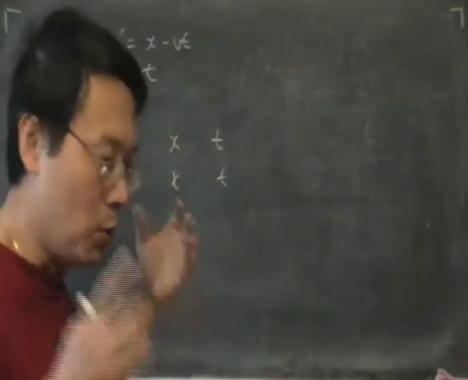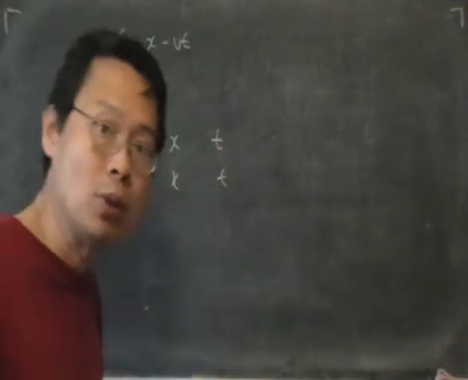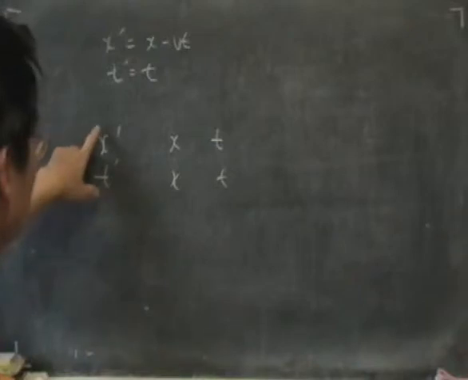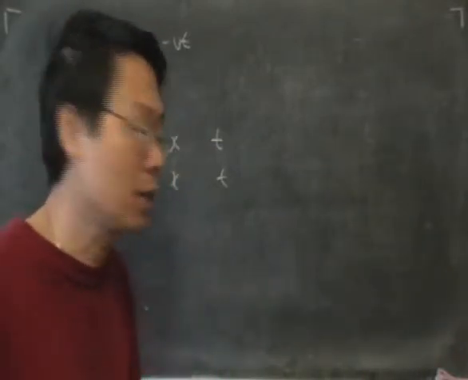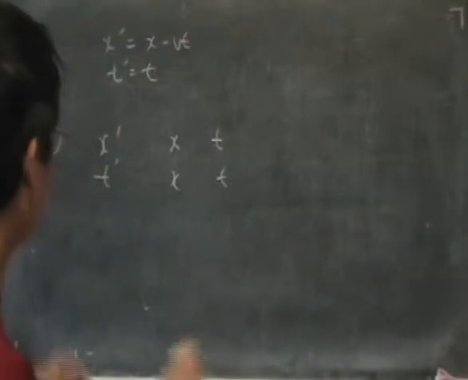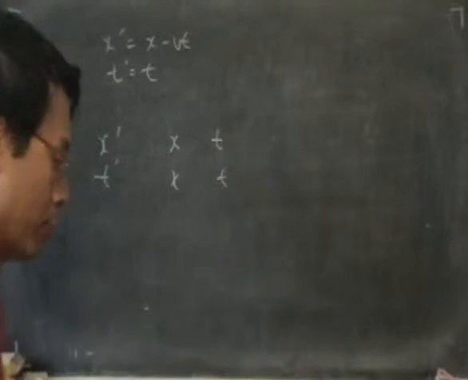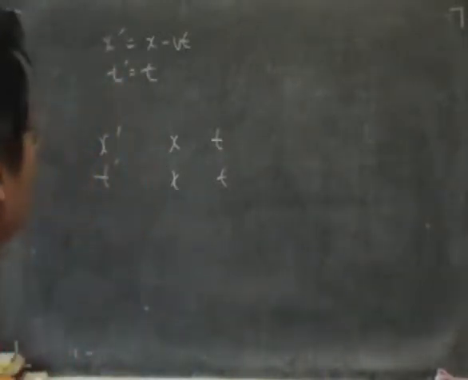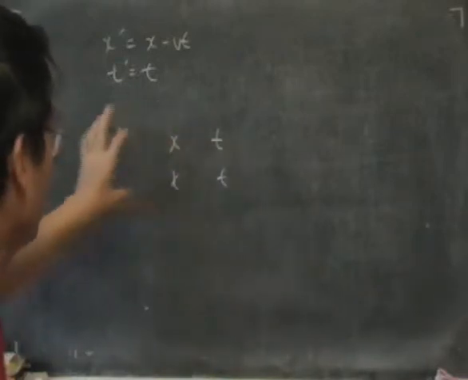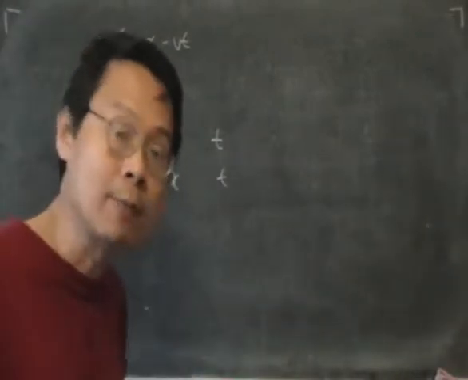And then what we hope is that in terms of this x and t, we can then calculate the corresponding x prime and t prime from another frame of reference that is moving relative to this. But to find this equation, we start by making a simple assumption. And the simple assumption is that the relation between them, although it's different from the Galilean transformation, is still linear.